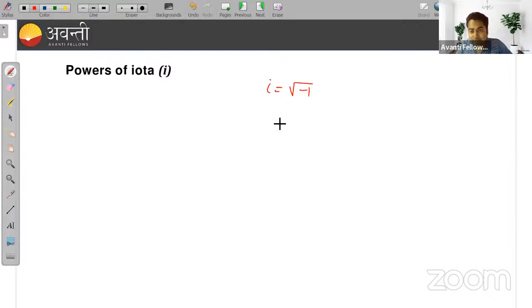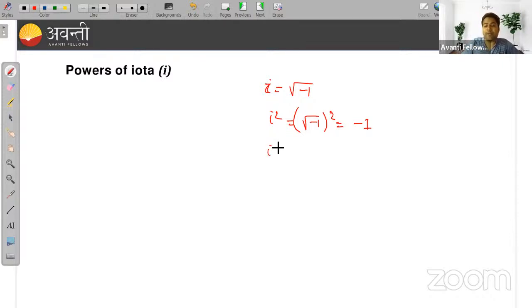If I ask you to find i square, what will it be? What is the value of i square? That is square root of negative 1 whole square, that is what? Minus 1. So remember, i is equal to square root of minus 1 and i square becomes minus 1.